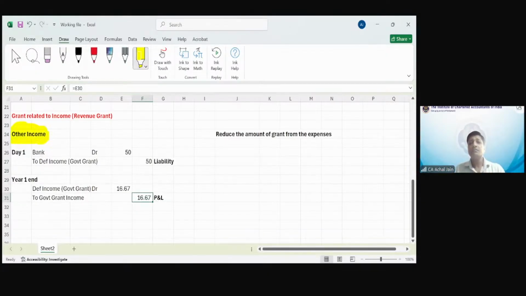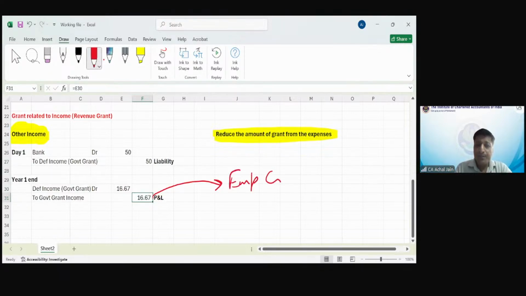In case you are following this second approach, second method, then this 16.67 lakhs, instead of taking it to other income, you will reduce it from the employee cost. Why? Because it pertains to the employee cost.